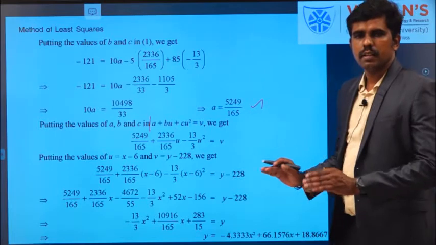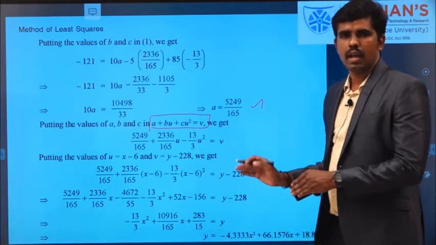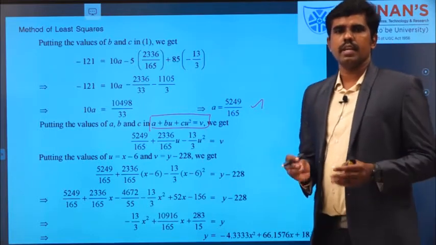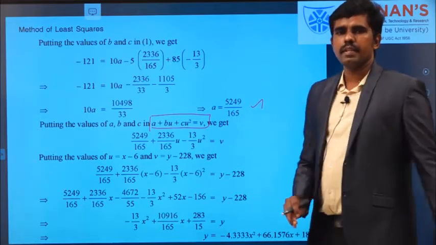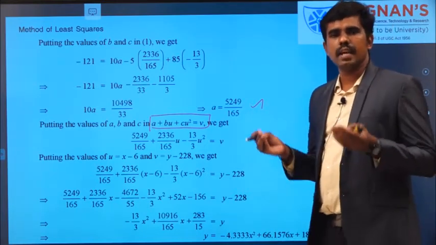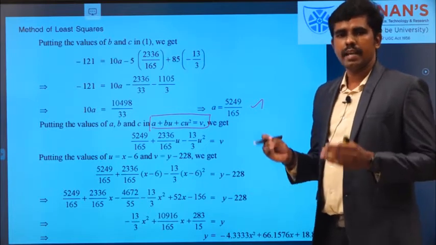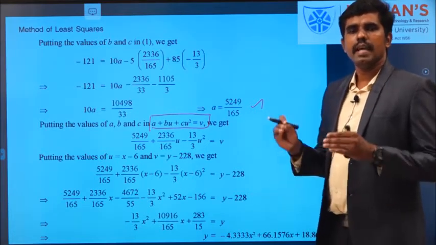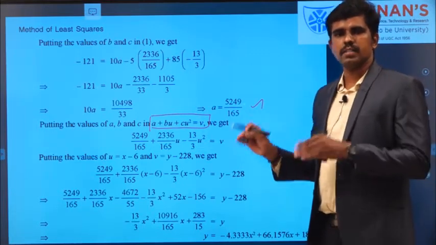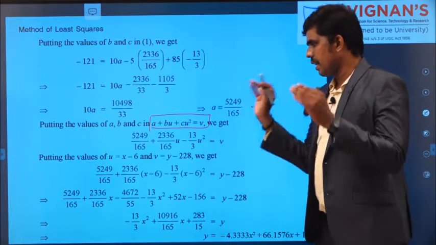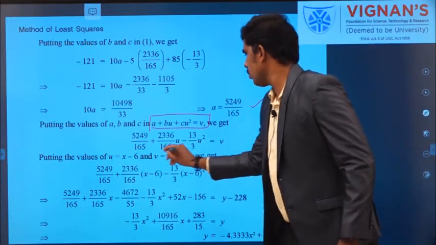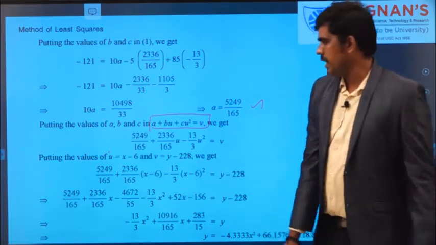But this is not the final parabola. Actually for our convenience we have written the parabola fit in terms of u and v. Now I need it in terms of x and y. Since the data is given in terms of x and y, I have to write the parabola fit also in terms of x and y. But I know the relationship between u and x, v and y: u is equal to x minus 6, v is equal to y minus 228.